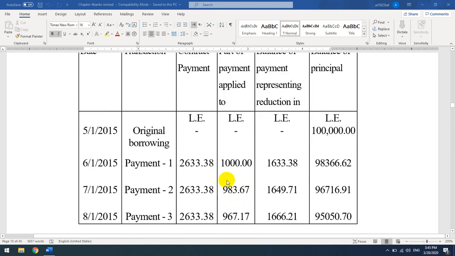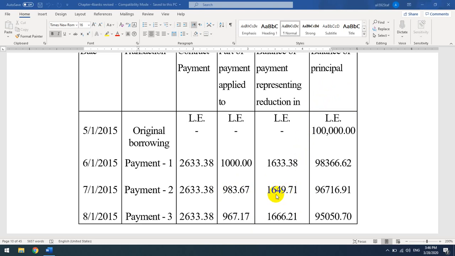The interest part of the second payment equals 983.67. The difference between the amount paid and the interest remains, which is the part related to the principal, representing repayment of the principal of the mortgage loan.